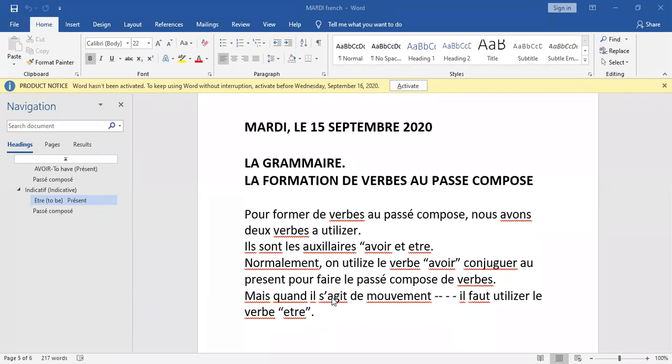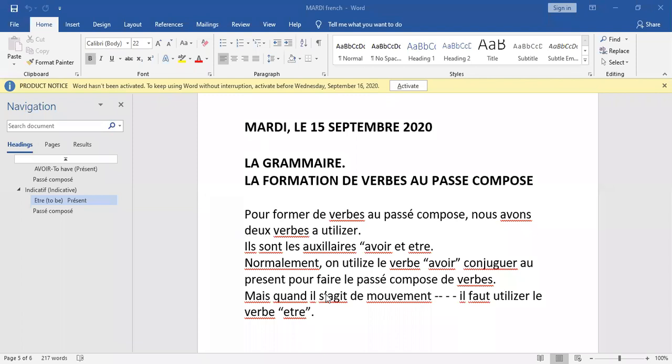Please do not make the mistake of using être to conjugate a verb that is supposed to take avoir and go into the past. If you do it, grammatically it will not be correct. Which means you have to know the verb that must go into the past with avoir, and you use it.